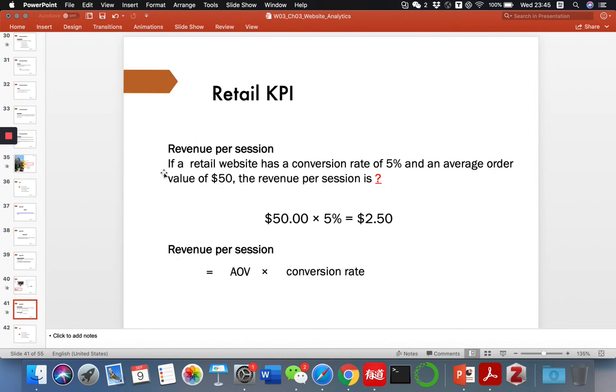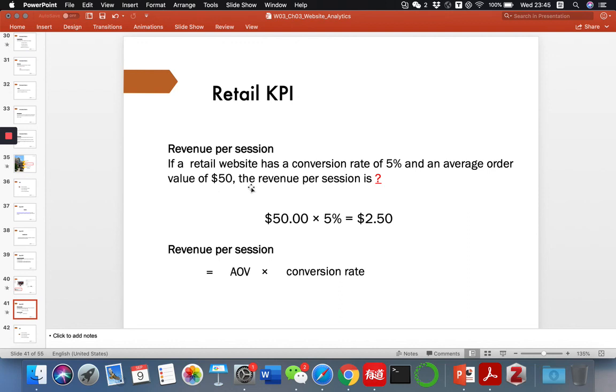Here's a question about revenue per session. If a retail website has a conversion rate of 5%, it means out of every 100 viewers, 5 will be real customers, right? And an average order value of $50 US dollars. So for each order, the revenue is $50.